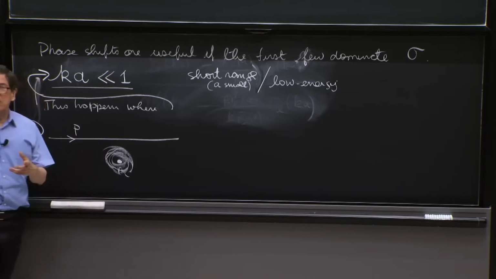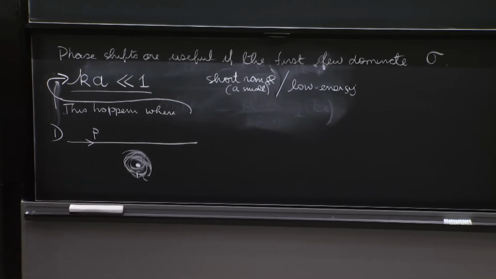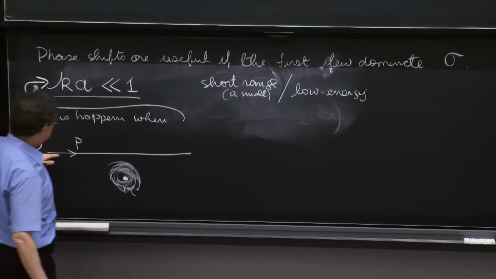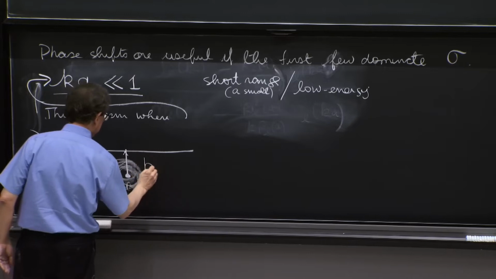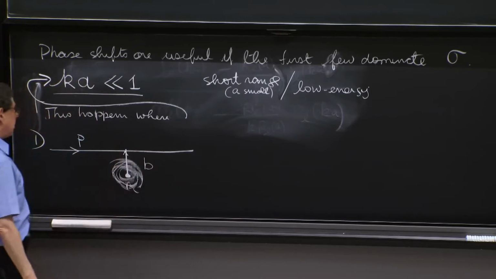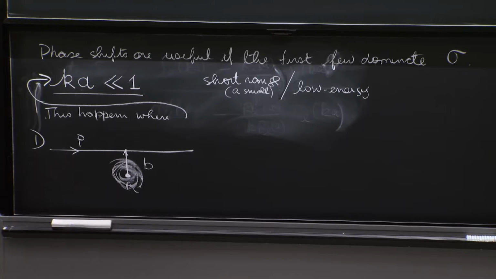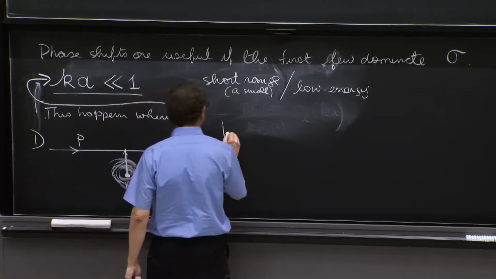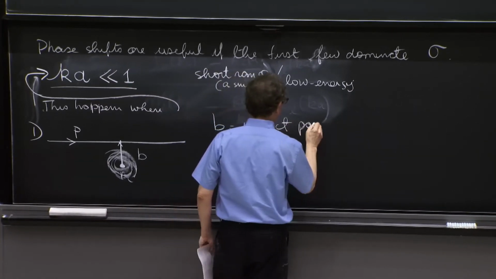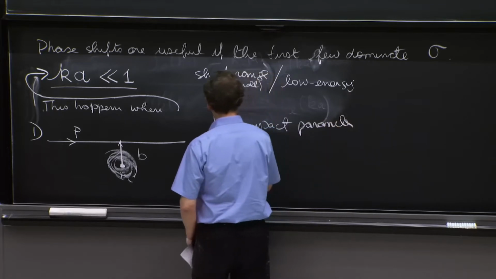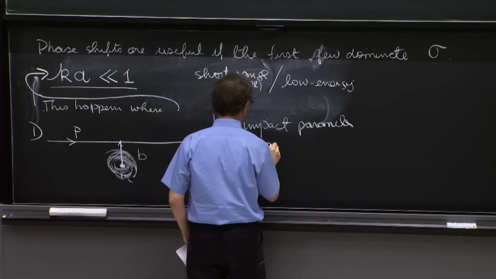So these ideas are semi-classical ideas. I'm looking at this particle coming with some impact parameter, b, this distance to the center, the closest approach of the particle to the potential. That's called the impact parameter. And it has momentum p. So b is the impact parameter and p is the momentum.